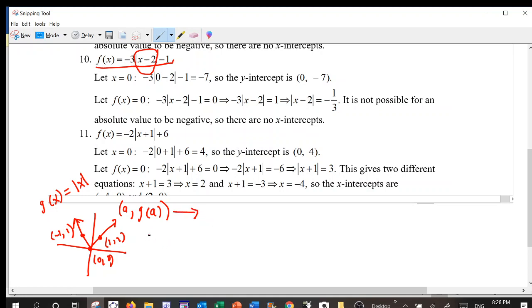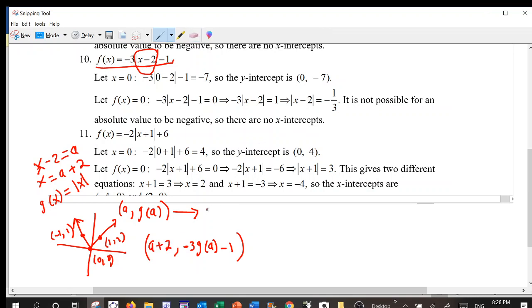Well, it's going to go to negative 3 times g of a, minus 1. And then the x is really x minus 2, which has to equal a. So x is a plus 2.